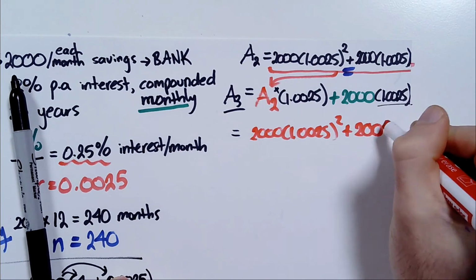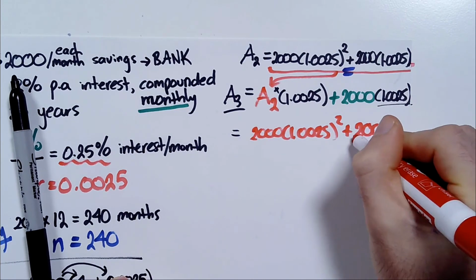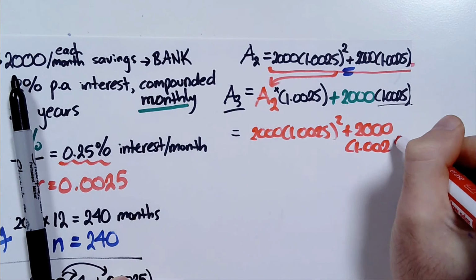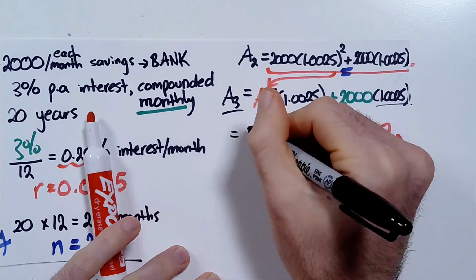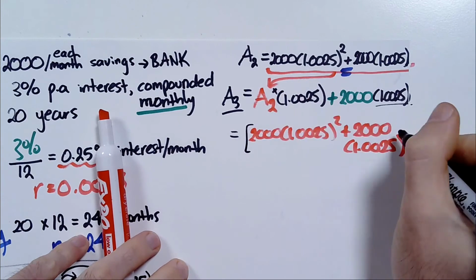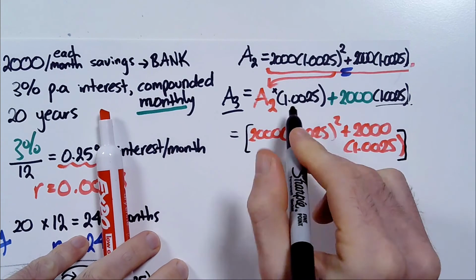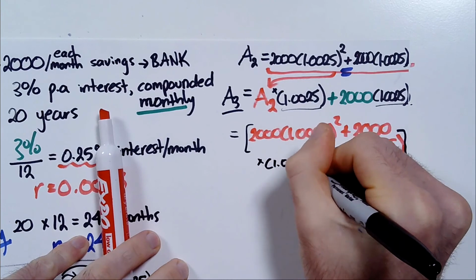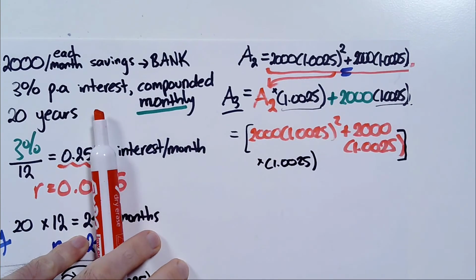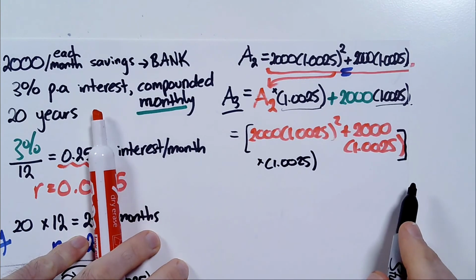I'll write it out in full just in case, because I don't know where you're up to with your understanding. So that's A2. Let's put that in brackets. And what we've just said is we're going to multiply that by 1.0025. So all of that's going to get multiplied by 1.0025.